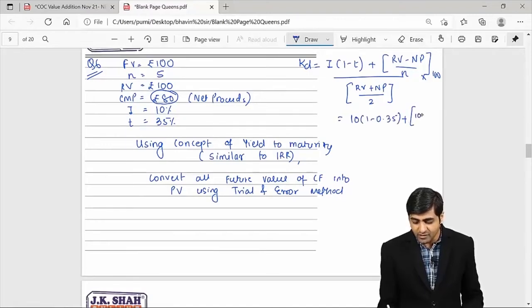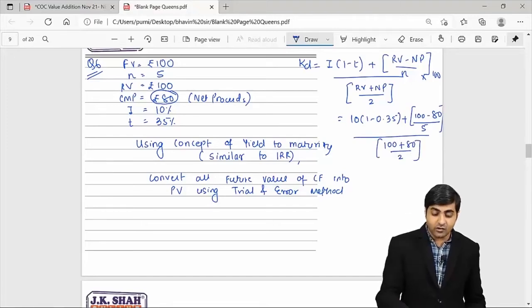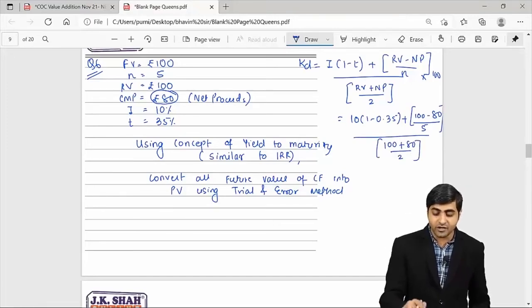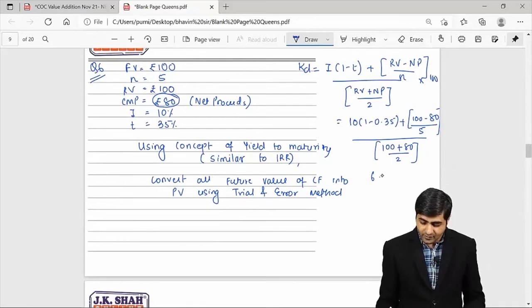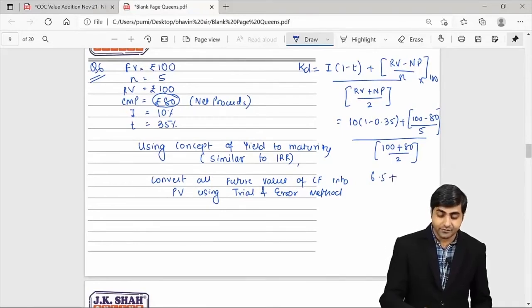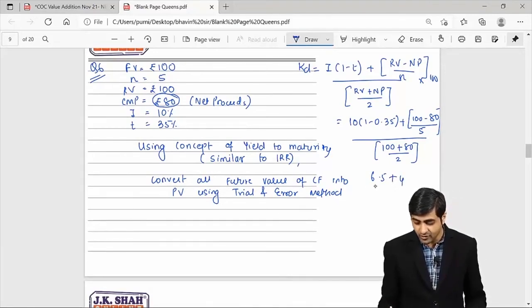Your redemption value was 100. Your net proceeds is 80. You divide that by the life of 5 years and you divide that by 100 plus 80 upon 2. So now 10 into 0.65, this will be 6.5 plus 100 minus 80 divided by 5, that's nothing but 4, and you have to divide this by the average.